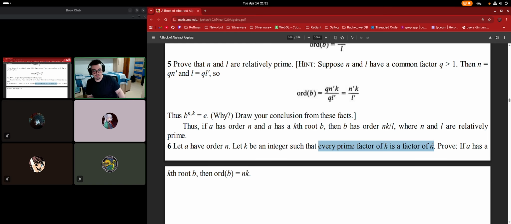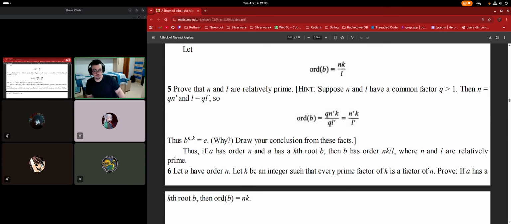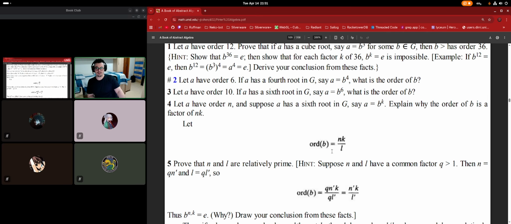Because if this is true, you can always factor it, right? When you're doing this step of the proof here. If this is true, then you can always do that up there. I'm satisfied with that. I don't know about everyone else, but I'm good enough.